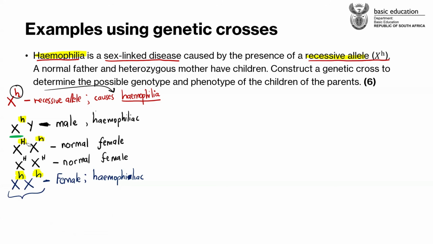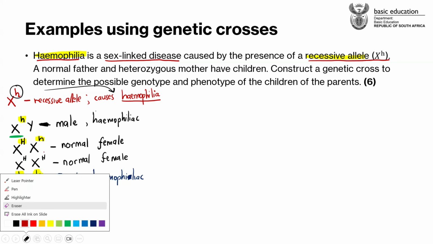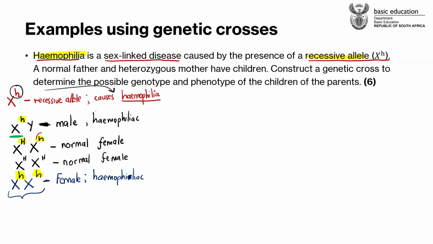Having this capital letter H is opposite to the small letter h, so that's going to be the dominant characteristic, right? But since this female also has X with a small letter h, we say that the female is actually a carrier of the disease, because she is carrying the recessive allele that is causing the condition. So this is a normal female because she is not sick and does not have the condition, but she does have the allele in one of her X chromosomes.